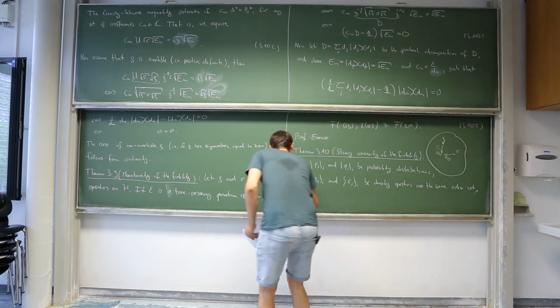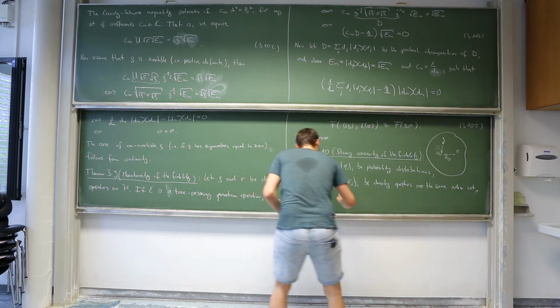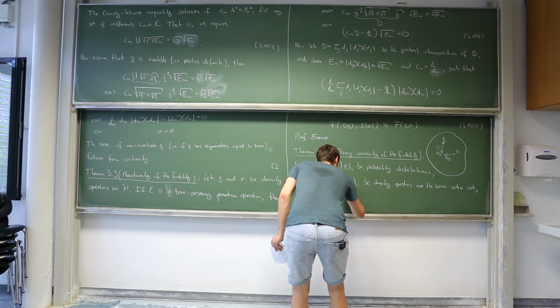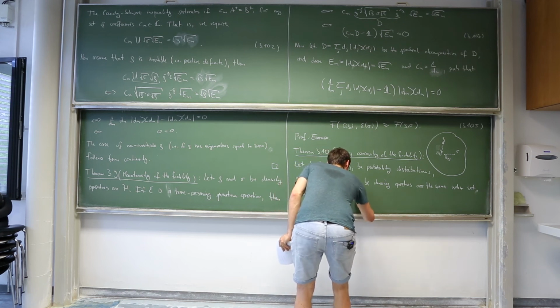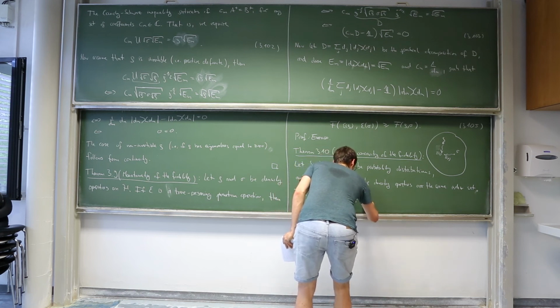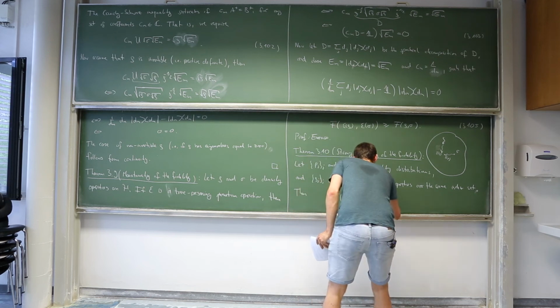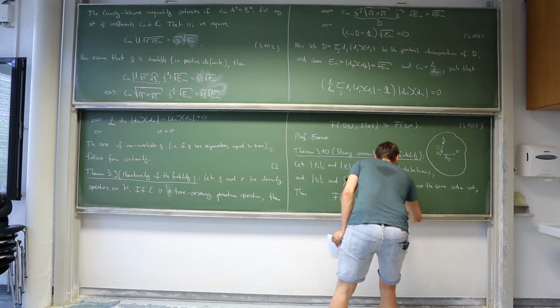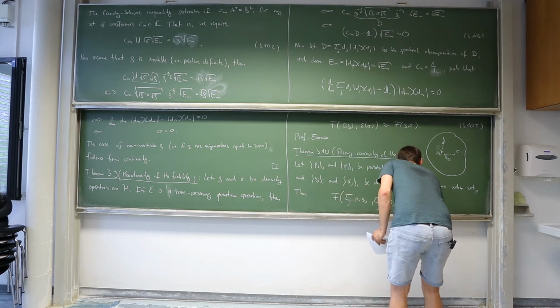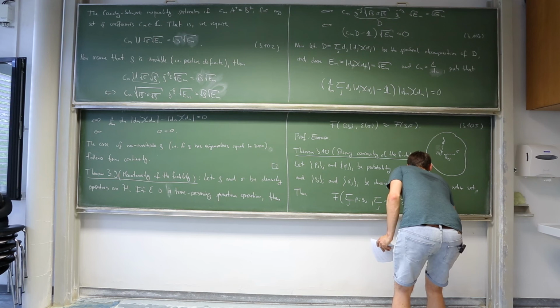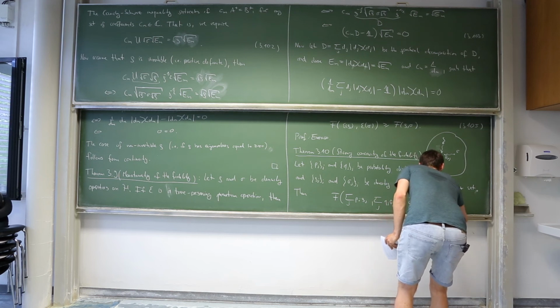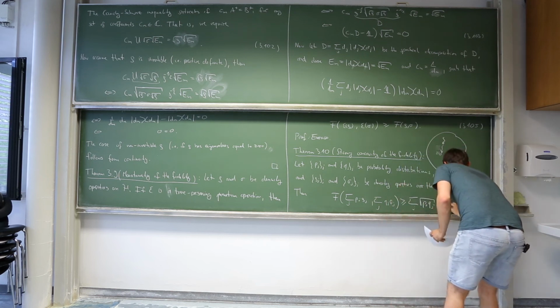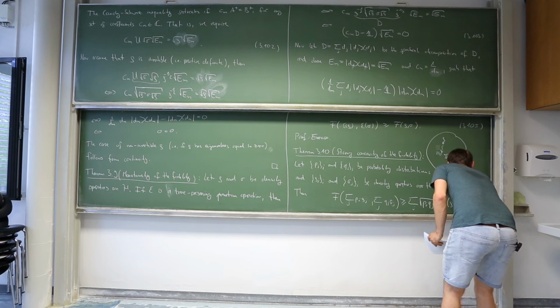Okay, then we have that the fidelity of the sum over j of pj rho j, and the sum over j of qj sigma j, is greater or equal to the sum over j of the square root of pj qj times the fidelity of rho j and sigma j.